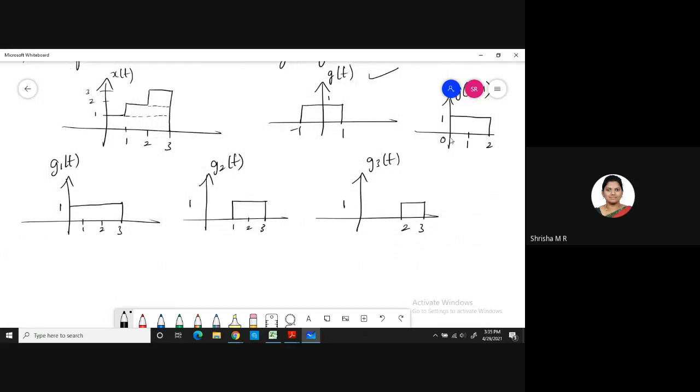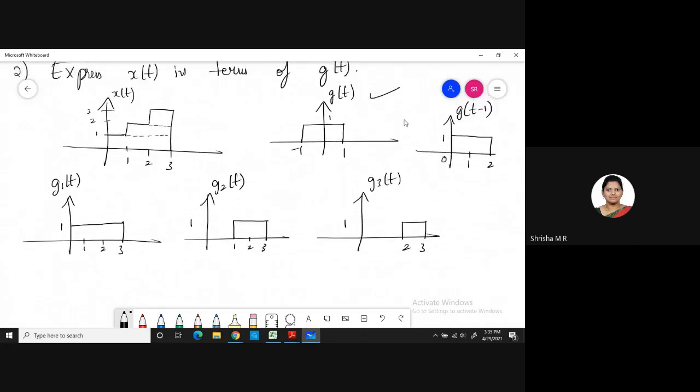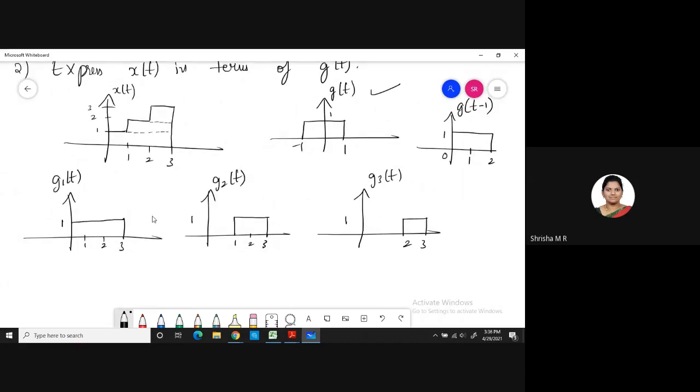You have to express g1 of t in terms of g of t -1. You will scale this to get from 0 to 1, then you will expand it to get from 0 to 3. Got it, everyone? Yes, ma'am.